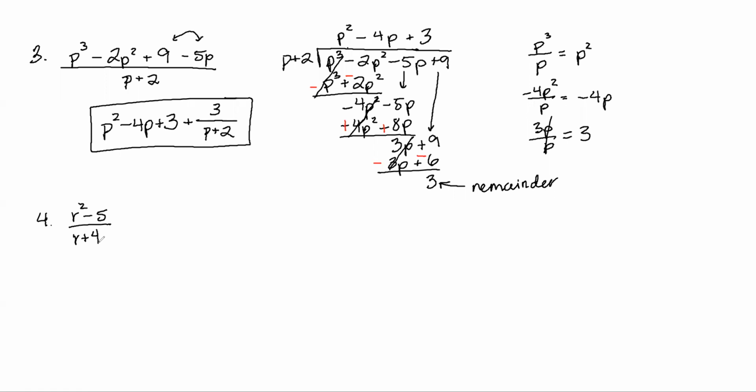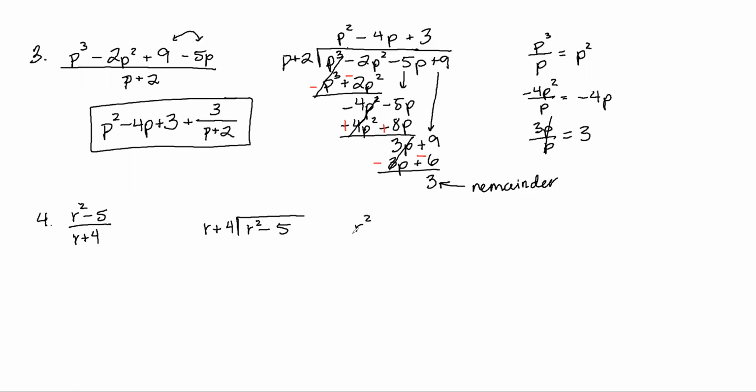I'm going to start setting this one up, and then we're going to change it a little bit, and you'll see why. So I put the r plus 4 on the outside, r squared minus 5 on the inside, and you don't have to write down this part right now, because we're going to be changing it. This is just to show you why we have to do the next step. So let's start dividing.